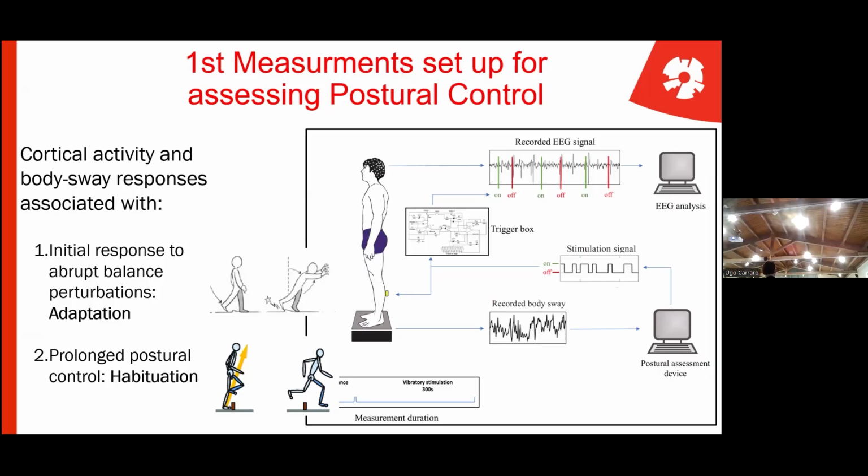So while you apply a certain stimulus, like stimulators on the calf muscles that you see over there, the subject moves on the platform and draws, let's say, a pattern. And through this pattern, you can detect what is habituation and adaptation.